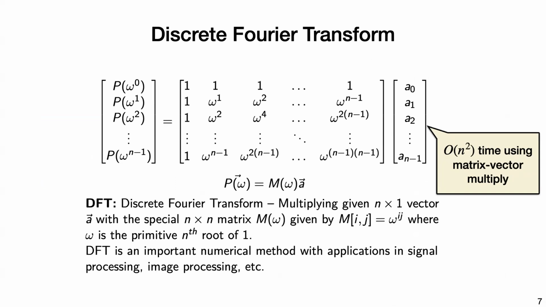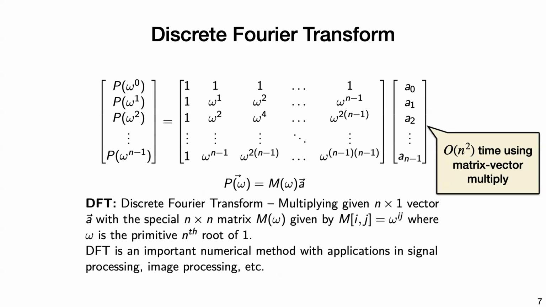You have this matrix, which is n by n, and an input a0, a1, up to a n minus 1. You multiply this matrix with this vector to give this p vector, which is p of omega 0, p of omega 1, and so on, up to p of omega n minus 1.